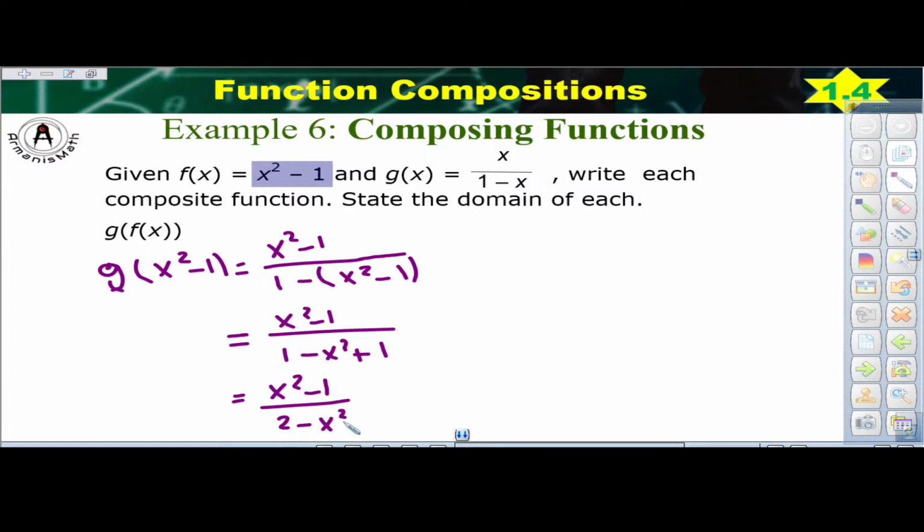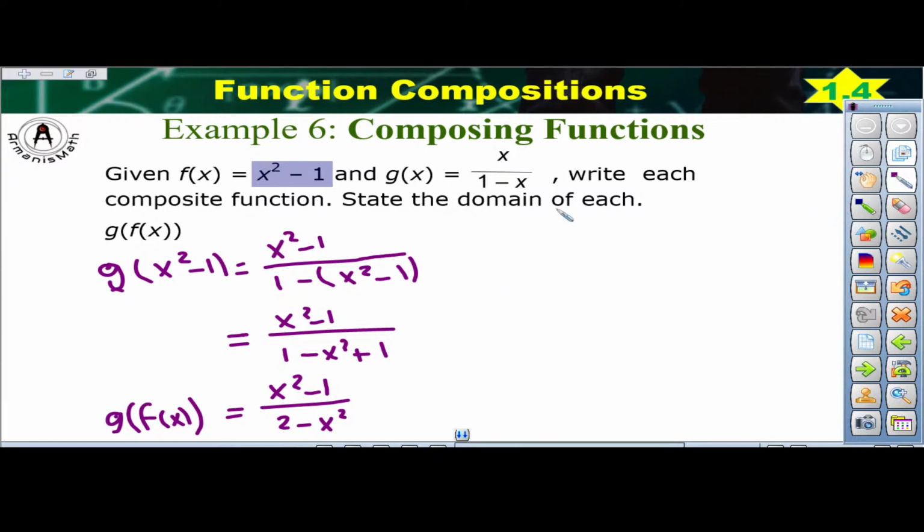You also could say negative x squared plus 2. Both are fine. So that's going to be your composed function. So basically composing 2 functions in this case using just the function itself. You're not using any value. And this again is powerful because you're not limited to one single value. So this here that you see is actually g of f of x. That's going to be the last product that we looked at.